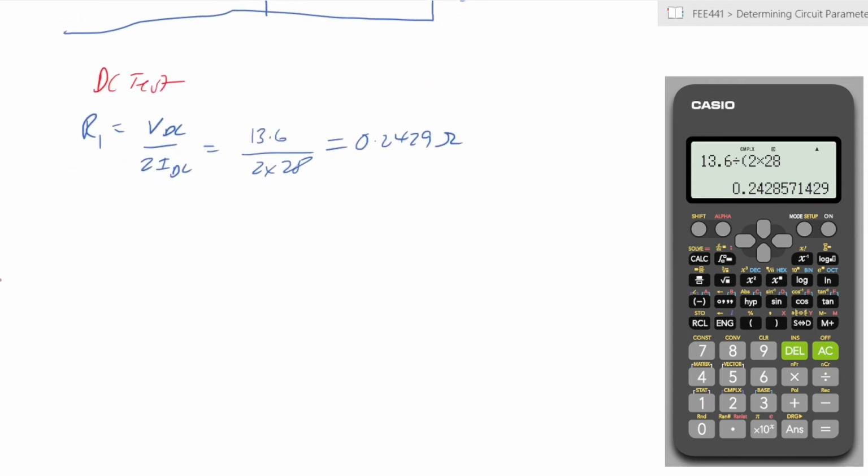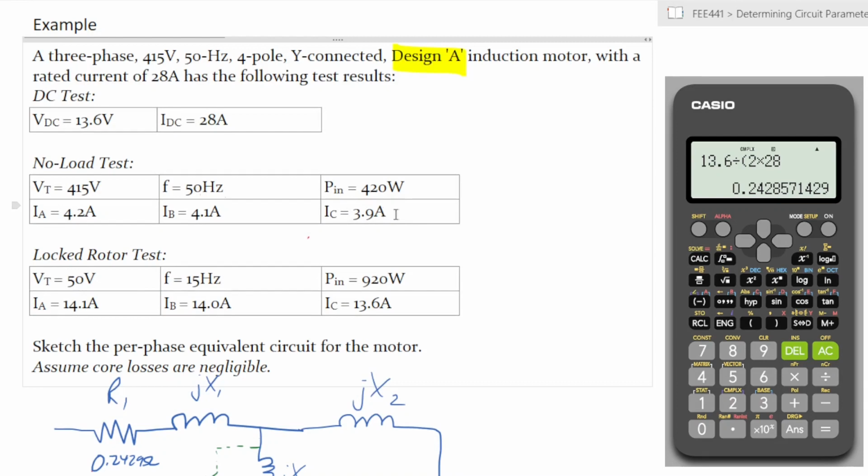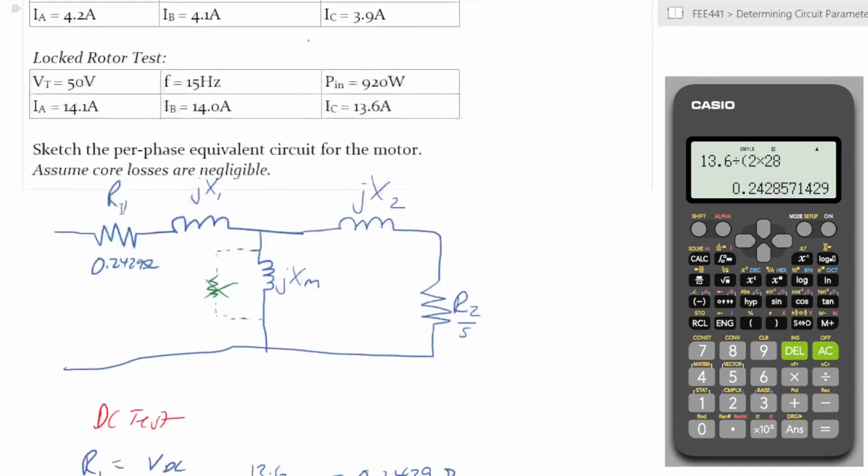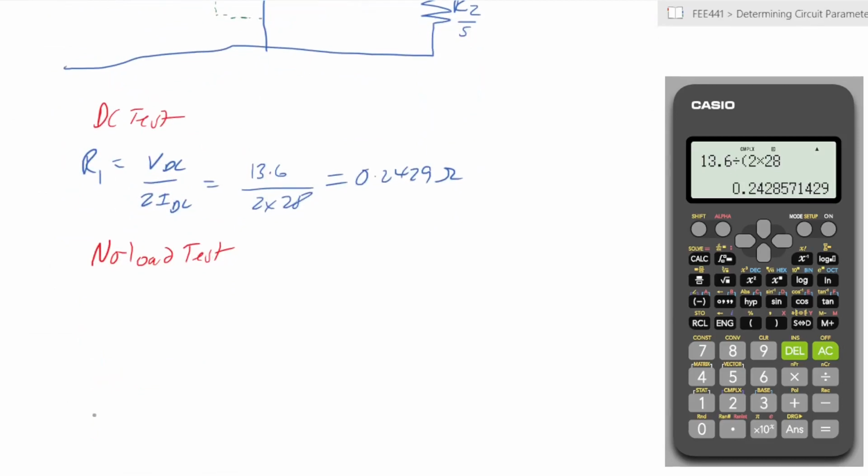let's get into the no load test. What do we determine from our no load test? We know that our currents have been given, so we have 3 scenarios for the 3 phases. Currents are not fully balanced, but we take the average of those.